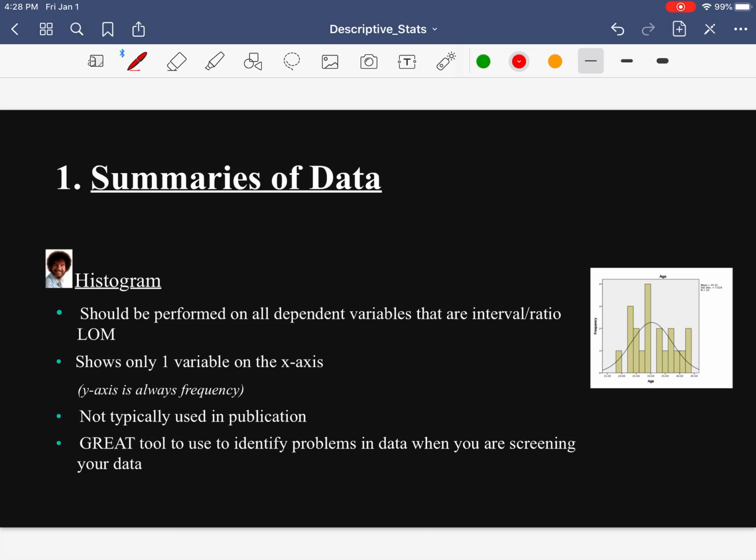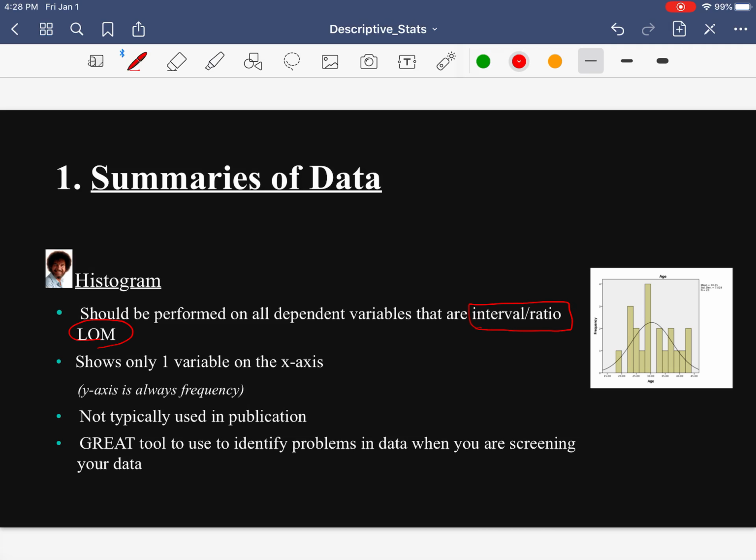All right, here we go. When you do any kind of dependent variable measurement, and you're using an interval or ratio level of measurement, if you have questions about that, please refer back to my video on levels of measurement. These are going to be specific data values that are ranking, that have an absolute 0, right?